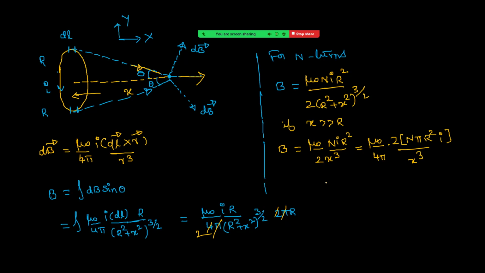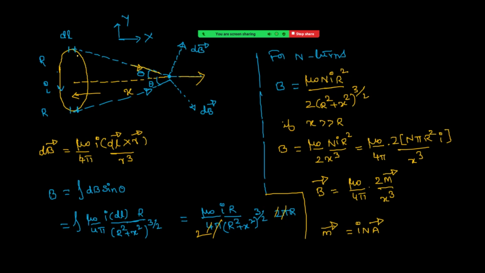So this is now μ0 by 4π, 2 m bar upon x cube, where m bar is equal to I n a bar, because here πr square is the area of the circle.